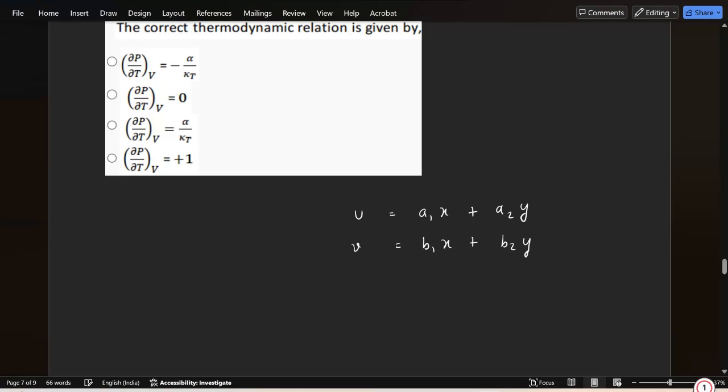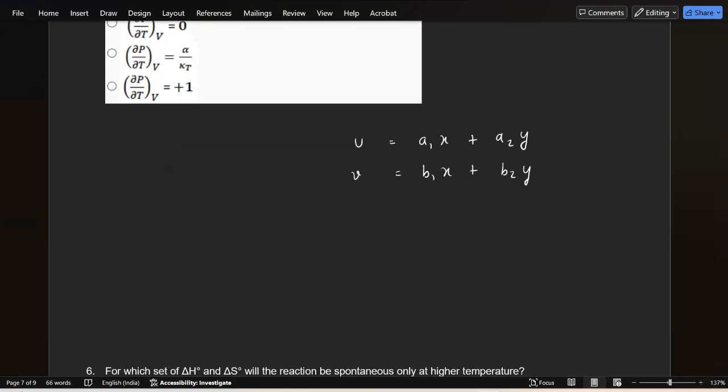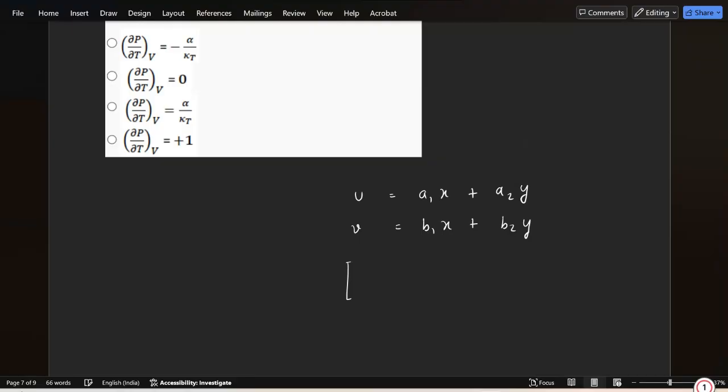Do you know how we write this in matrix form? Do you remember that, Jaydeep? We write something like this: a1 a2, b1 b2, then x y. You remember this? In school we used to write this in 12th maths.